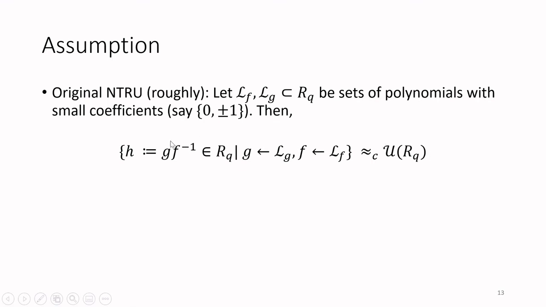And this distribution is taken by sampling a random g, and this g is not the gadget. I'm just using this g so we stay consistent with the NTRU literature. And if you take a random f such that f is invertible mod q, then g times f inverse mod q is pseudorandom.